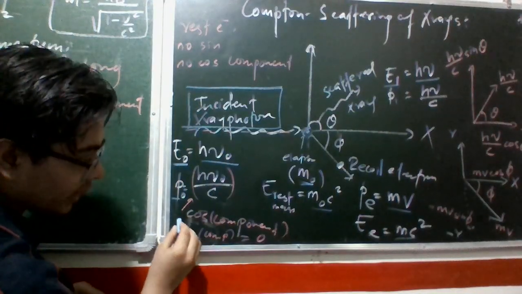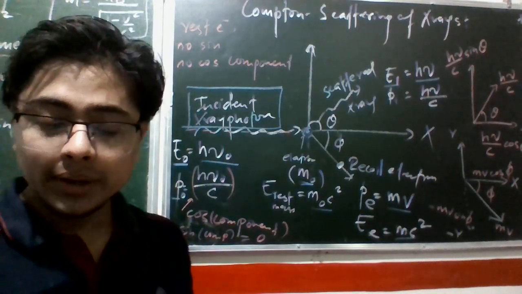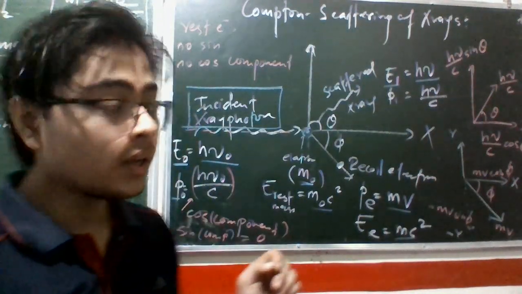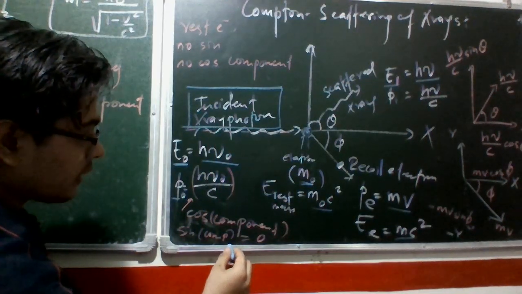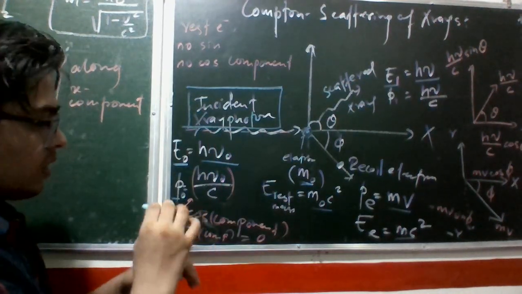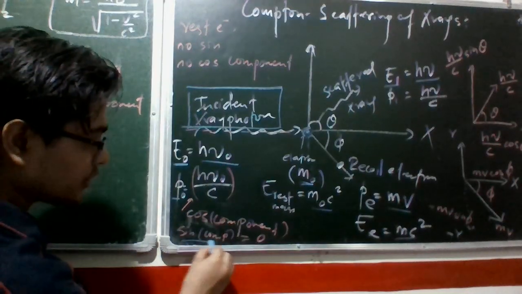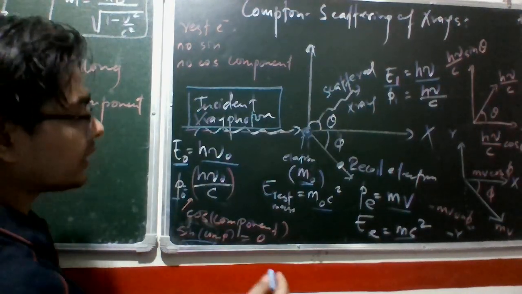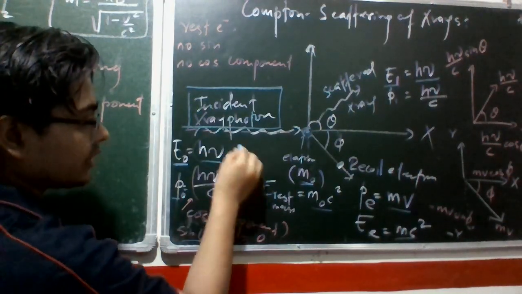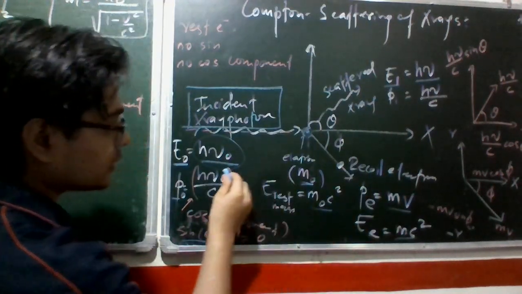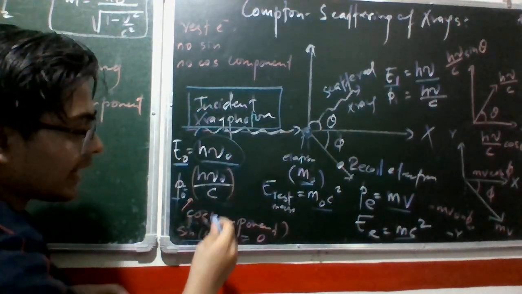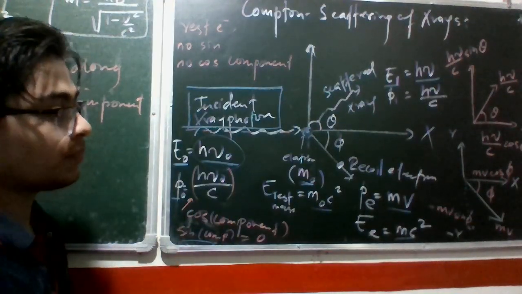We can say that the sine component of this incident X-ray is 0. Yes, the sine component is 0, and the cos components are these. Energy has a cos component because it is just along the axis. So these are h nu naught and h nu naught by c for the momentum.